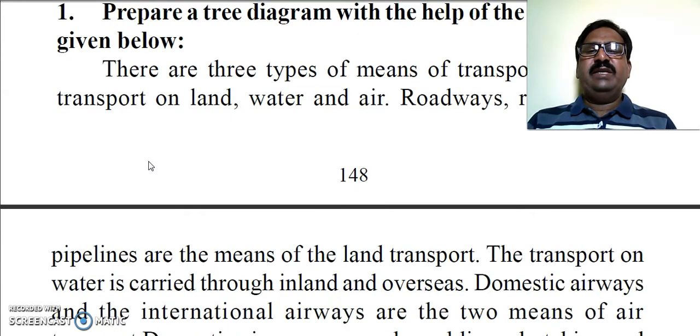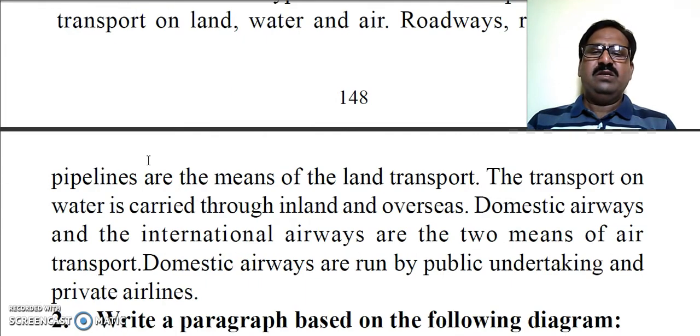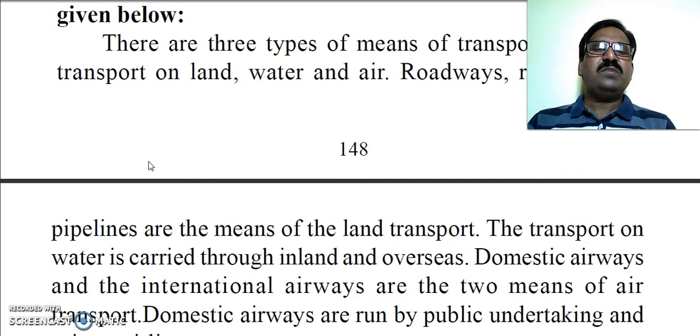So here is an example given, and with this particular information you can draw a diagram. There are three types of means of transport. They are transport on land, water and air: roadways, railways, and so on.